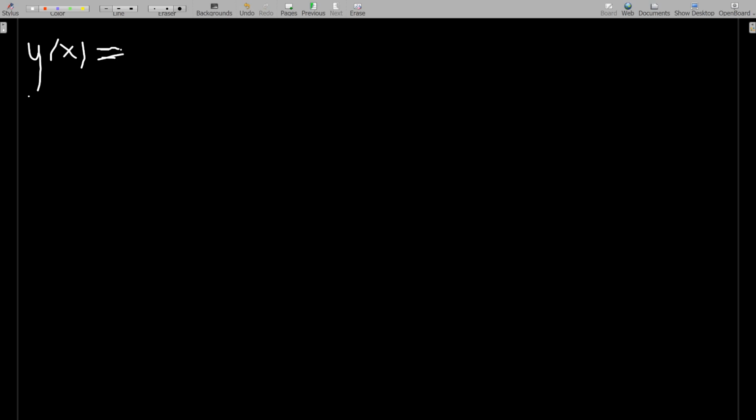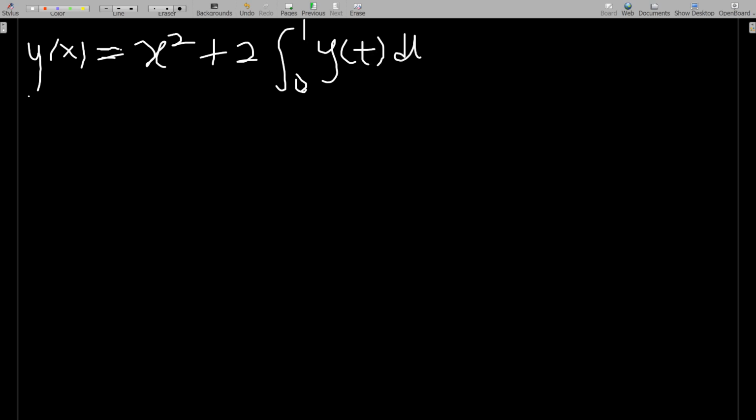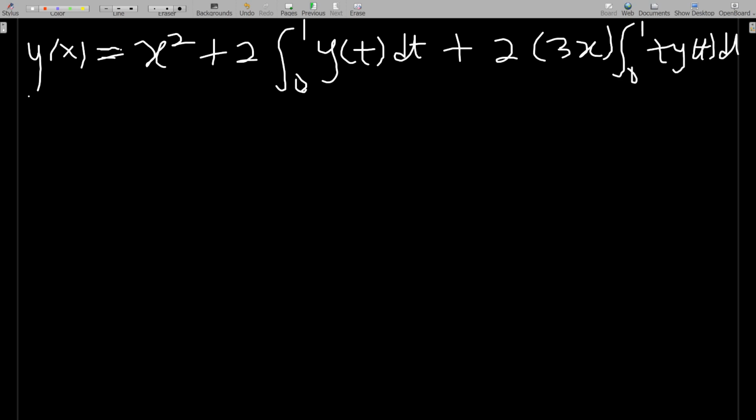I have x squared plus 2 times the integral from 0 to 1 of y of t dt, plus 2 times, factoring 3x out, the integral from 0 to 1 of t y of t dt. All right, so this is what I've gotten here.